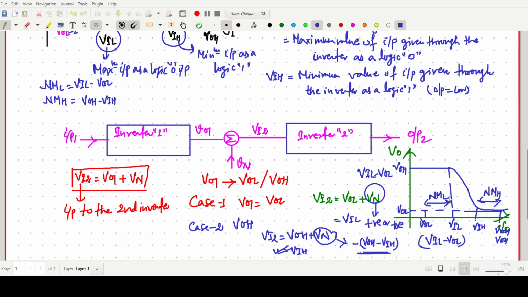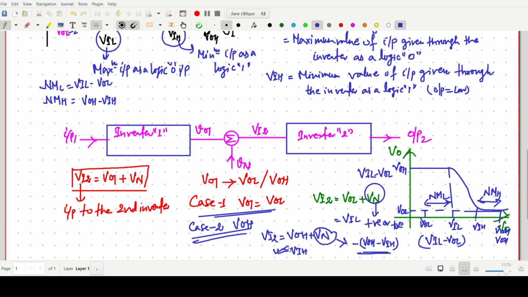Very simple concept, but you have to remember this graph. For case 2, VOH, and for case 1, VO1 equals VOL. In case of VOH, the noise value will be negative, that is minus VOH minus VIH, because in this case it becomes VIH.